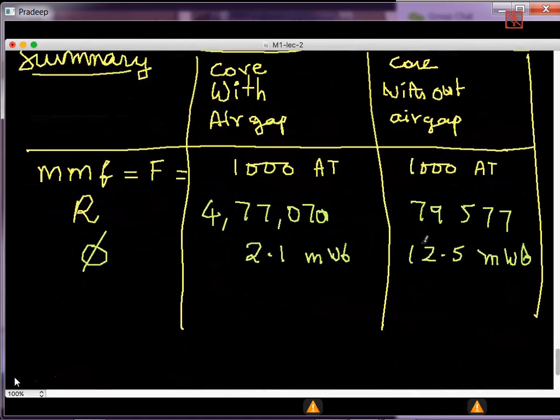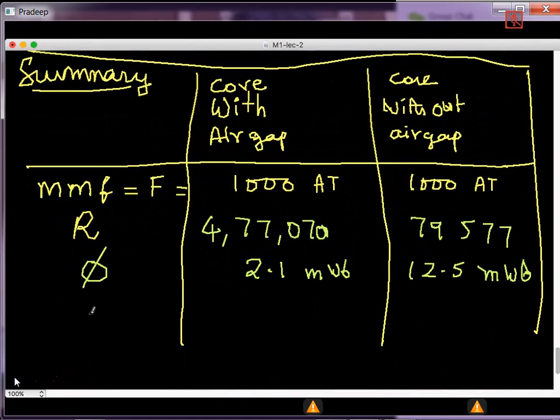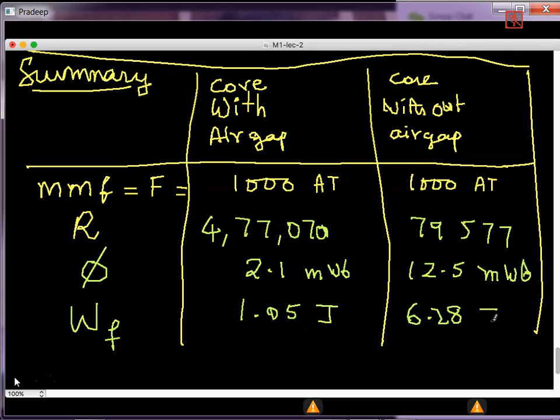So therefore, here, what is the energy stored? WF. So energy stored in the magnetic field. How much is the energy stored in the magnetic field? Here with air gap, I was only storing 1.05 joules. And here I am storing 6.28 joules. So what is the final conclusion?